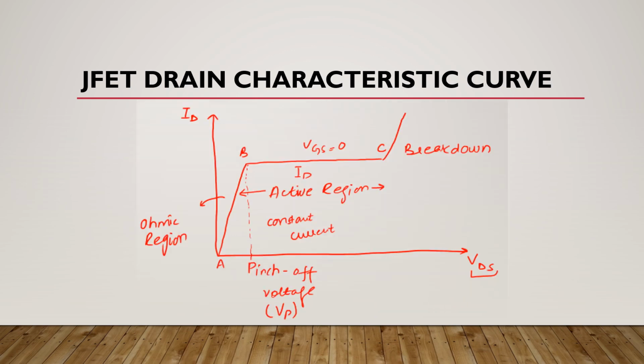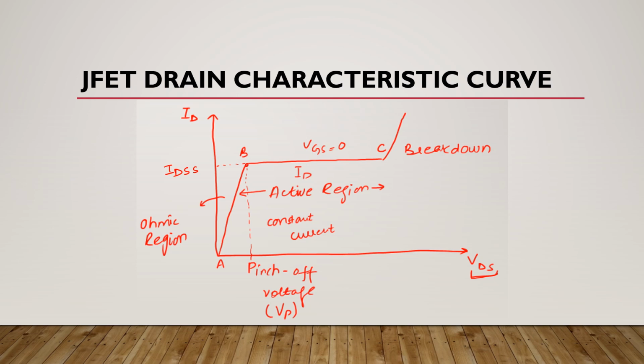We know that this is JFET's drain characteristic curve. As you can see here, a continued increase in VDS above this pinch off voltage produces an almost constant current, which is drain current here. This value of drain current is IDSS, which is drain to source current with gate shorted.